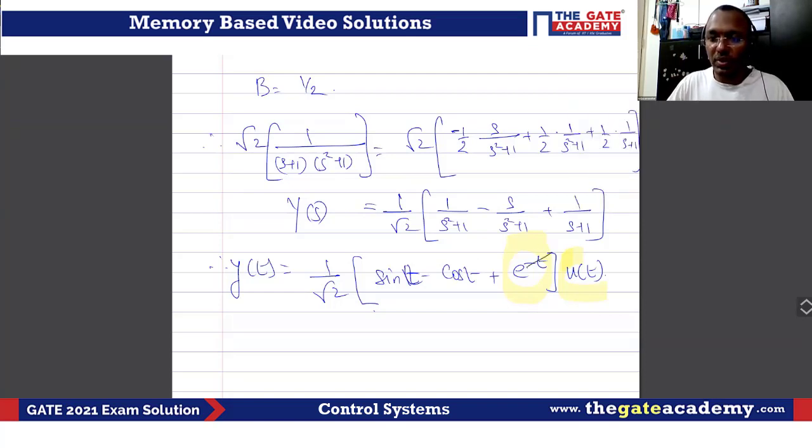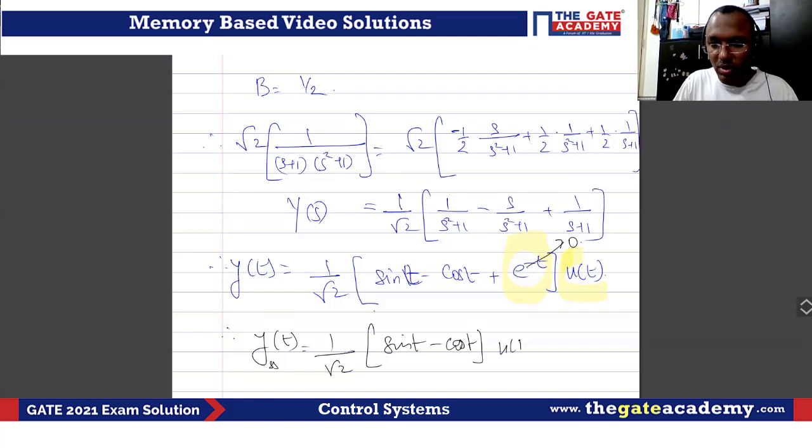Correct? So this value is going to tend to 0. Therefore, y steady state will be 1 by root 2 into sin t minus cos t, u of t.